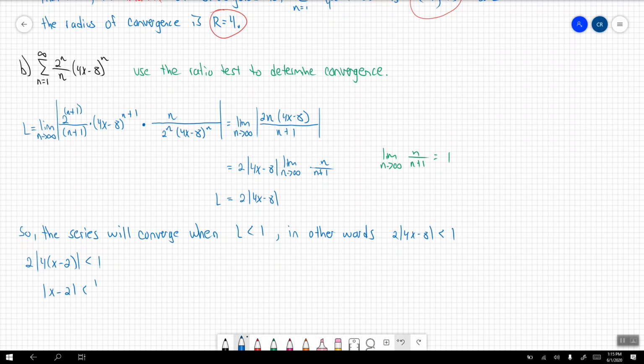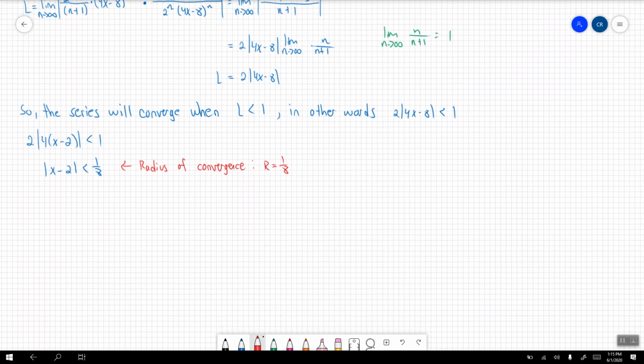That means we're left with the absolute value of x minus 2 is less than 1/8. Nice. So this is the radius of convergence, which in this case is r is equal to 1/8.